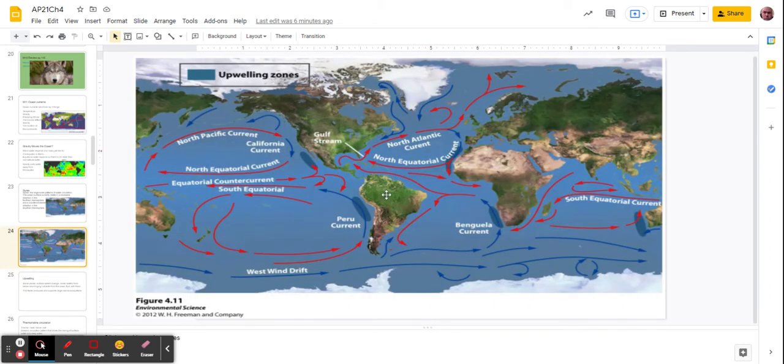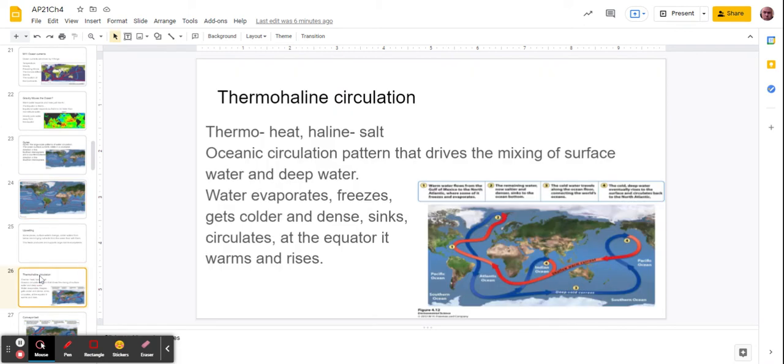Upwelling zones, let's look at these again. Upwelling zones are some of the most productive fisheries on the planet because of this upwelling. It brings up all the dead stuff that has settled on the ocean floor. It brings it up and feeds the fish. Well, it feeds the algae, which feeds the fish and all that.